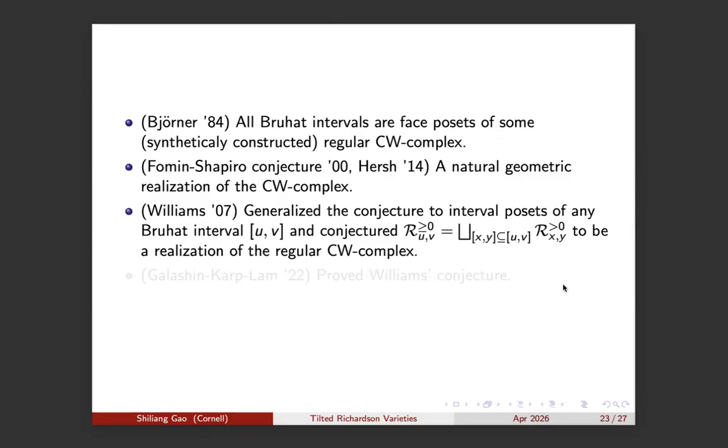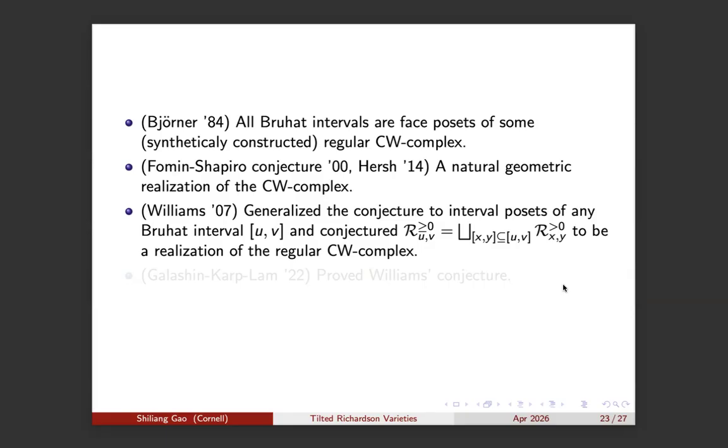In 2007, Lauren Williams generalized the conjecture to the interval poset of any Bruhat interval. So now, instead of looking at a Bruhat interval as a poset and thinking of it as the face poset of some CW complex, we consider the poset of all Bruhat intervals, where the partial order is given by containment.